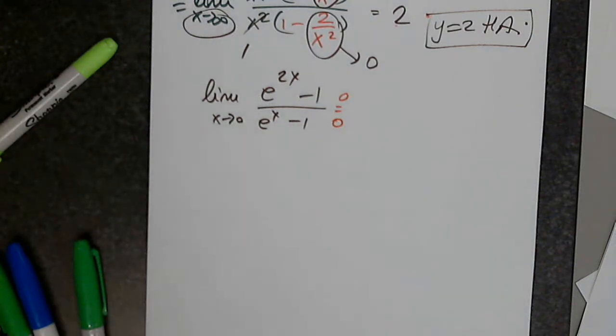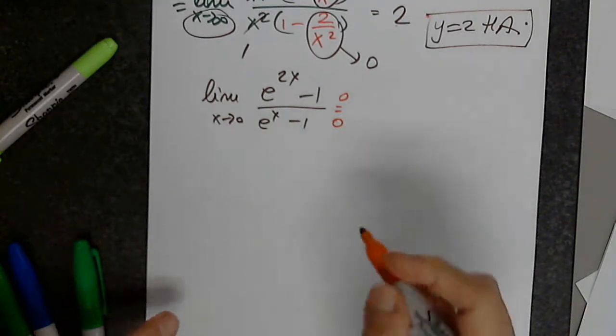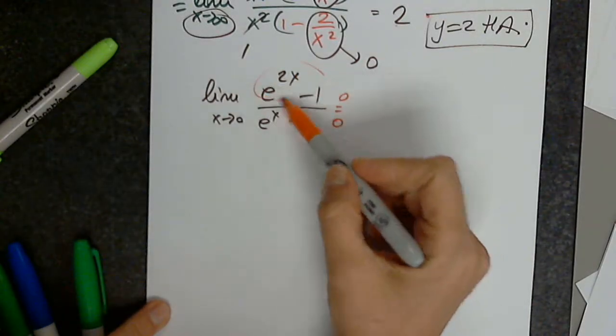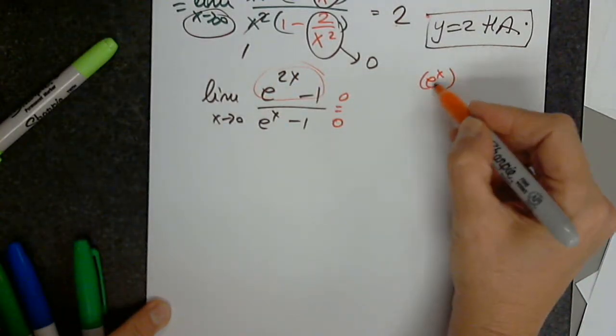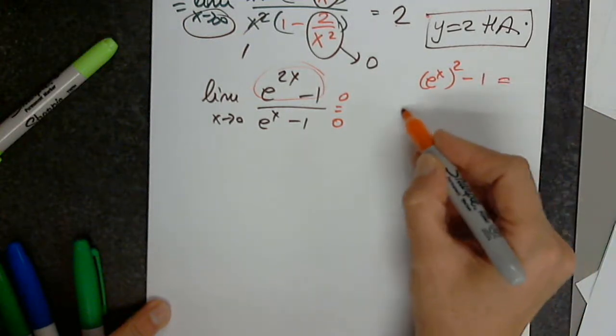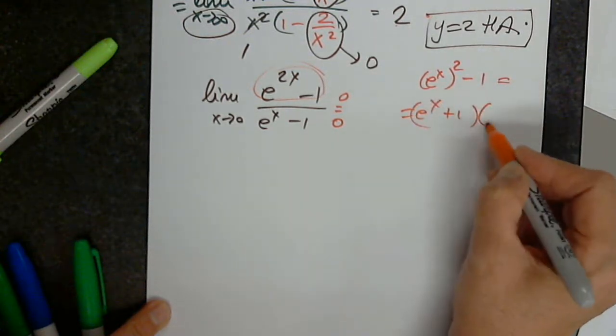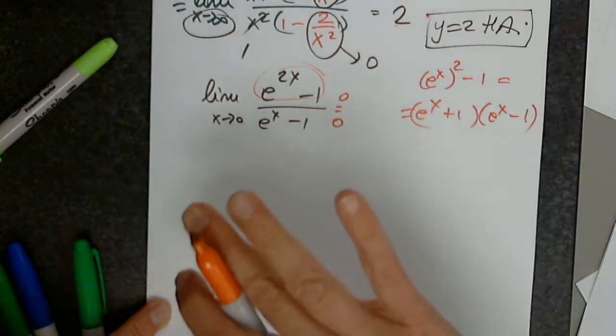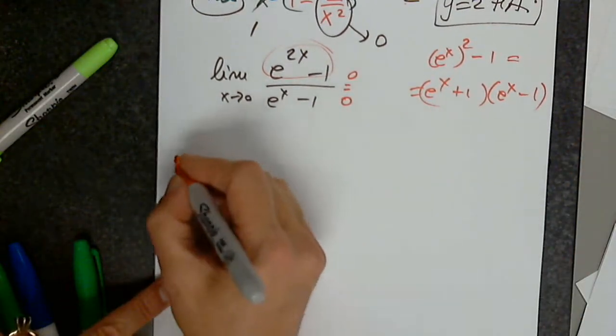Okay, this is another situation in which I could factor, but you may not see how to factor this. Here's another way. This is factorable because you can change it into this, which you can change it into this. But let's say we don't see that. What is the other way?